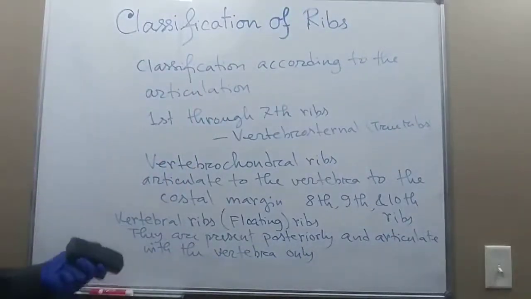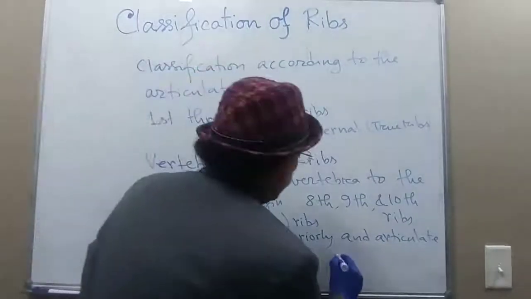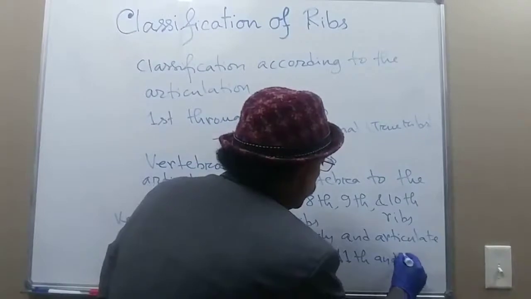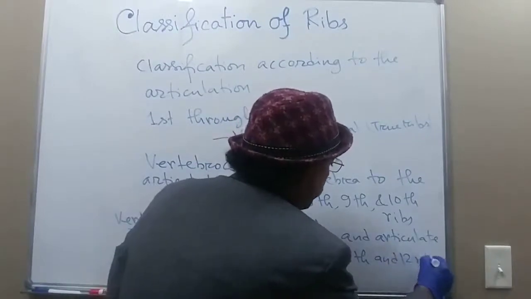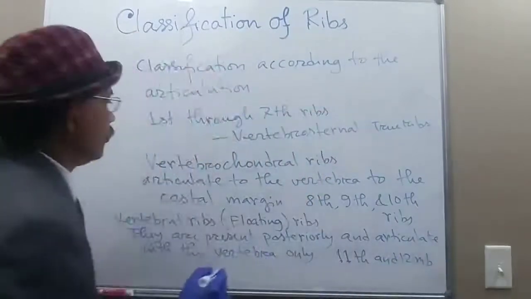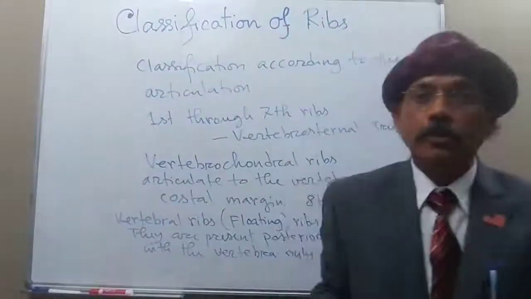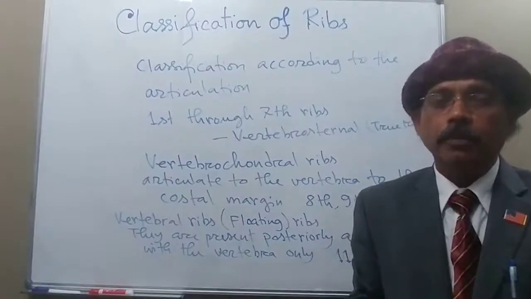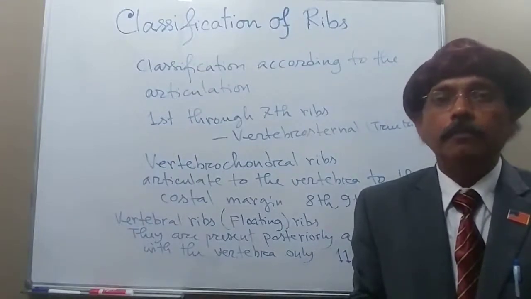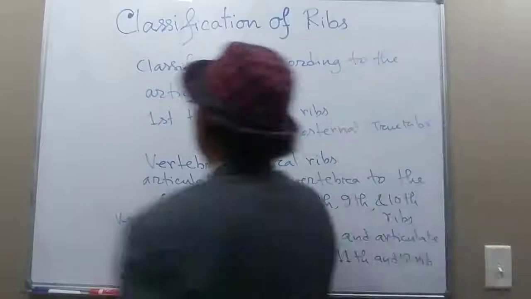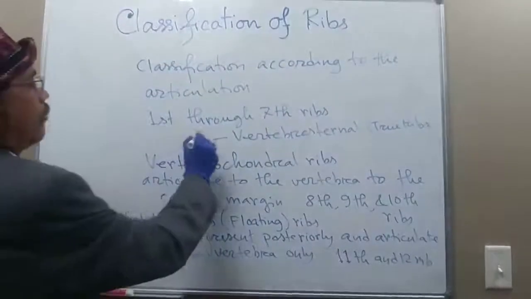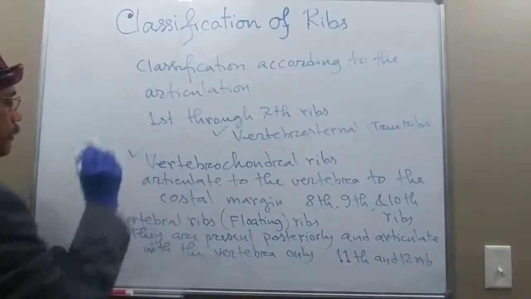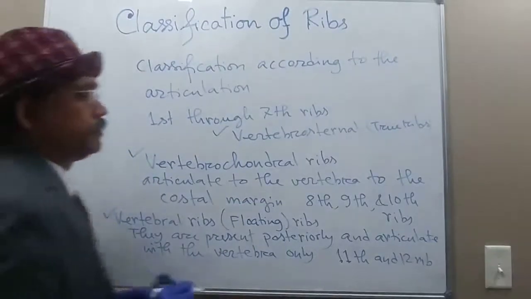What are those ribs? These ribs are the 11th rib and 12th ribs. Okay, so according to articulation, we got three types of rib: vertebrosternal rib, vertebrochondral rib and vertebral rib.